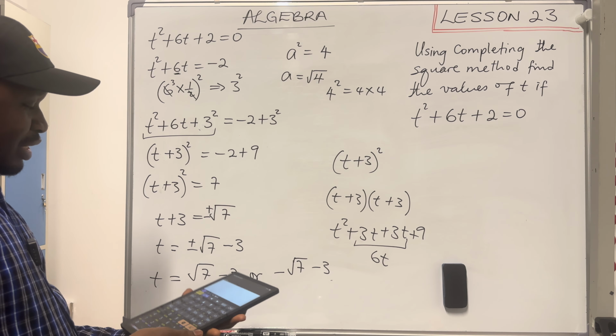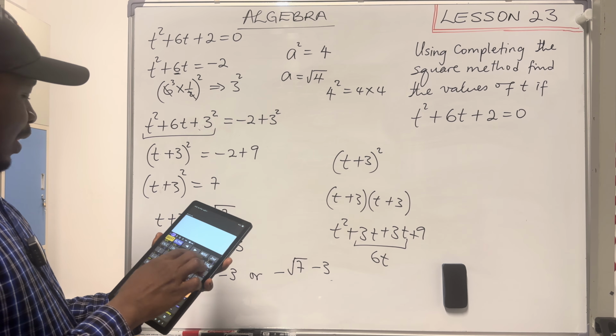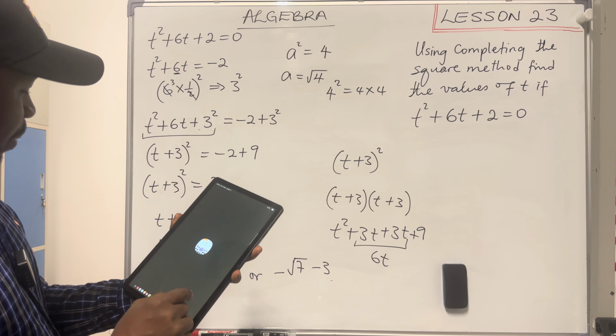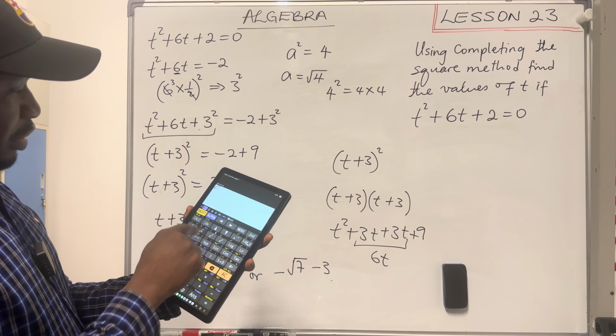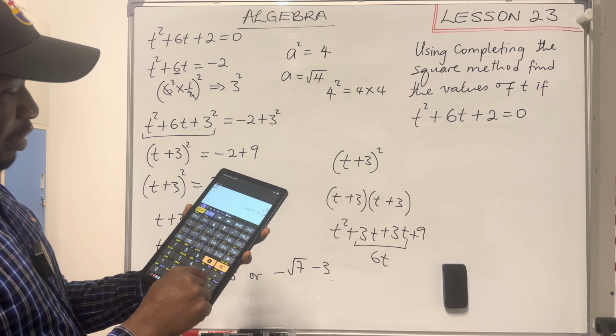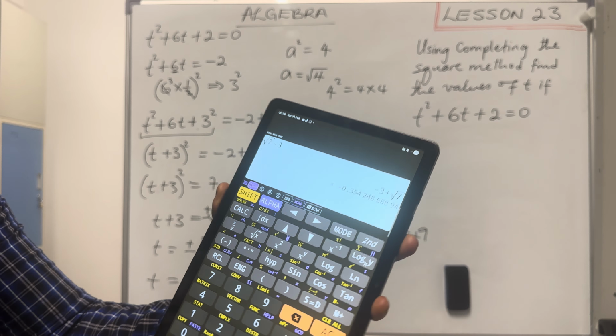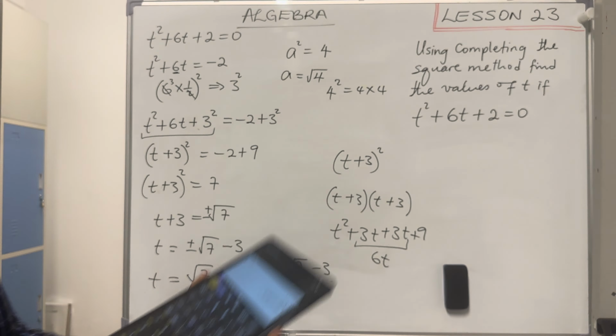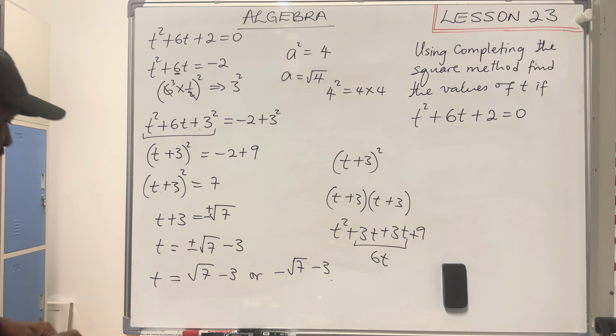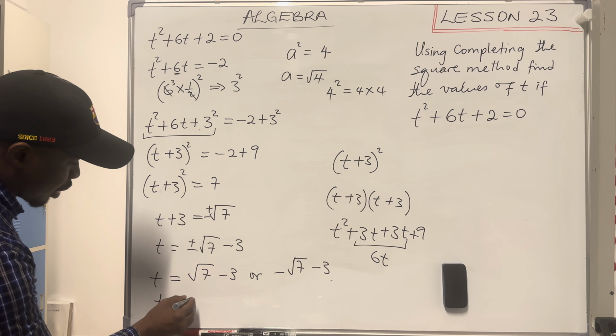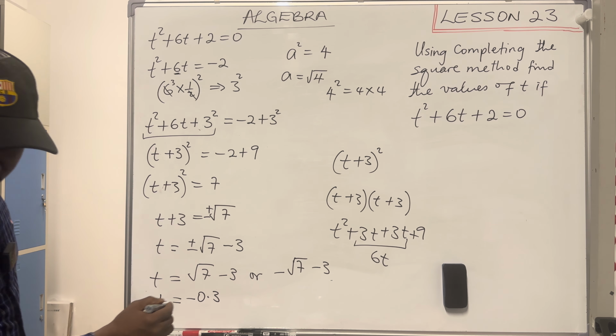You just enter everything. For example, root 7 minus 3, then we get about minus 0.35.